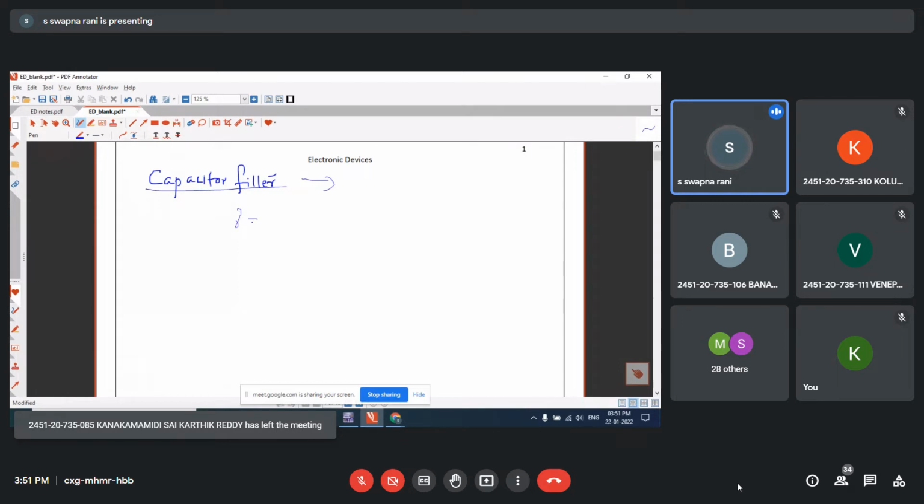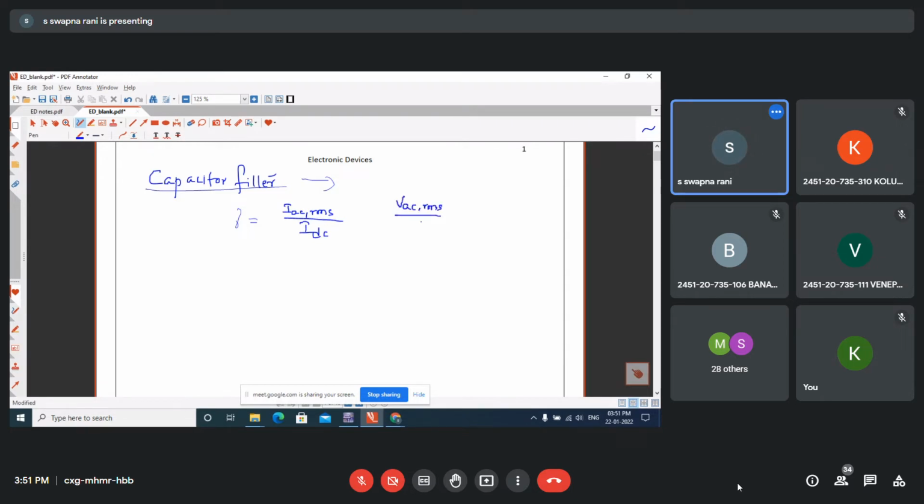So ripple factor is IAC RMS by IDC, or VAC RMS by VDC.